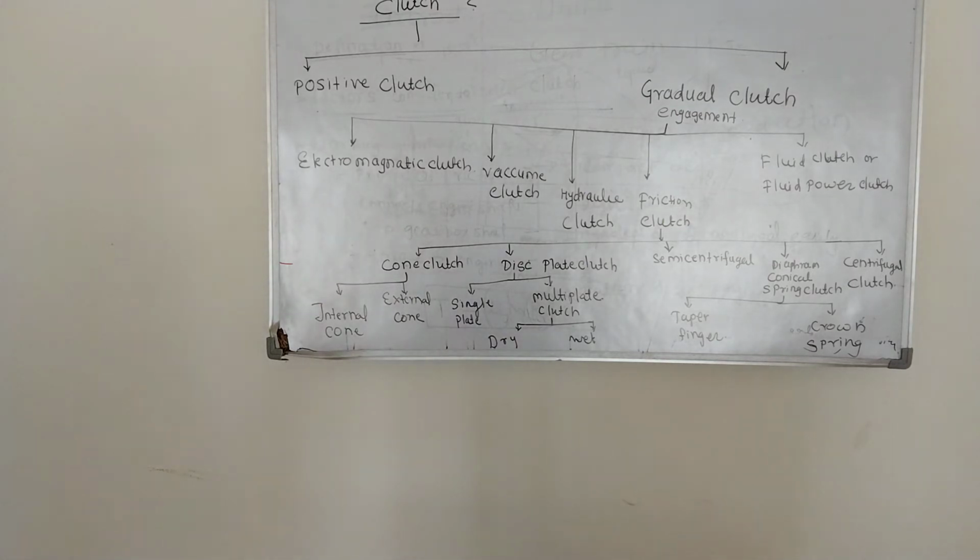The disc plate is subdivided into single plate and multiple plate clutch, and the multiple plate clutch into dry and wet. The cone clutch is subdivided into internal cone and external cone, and the diaphragm conical spring clutch into taper finger and crown spring.